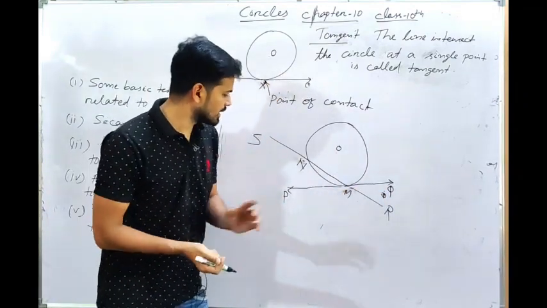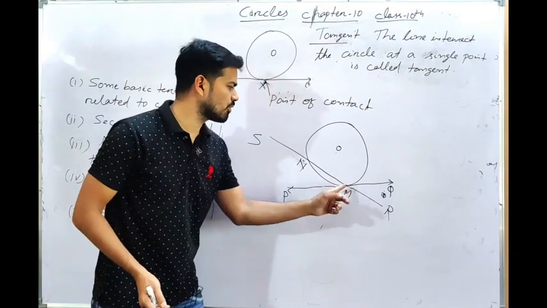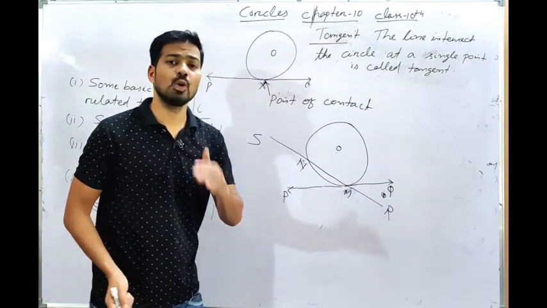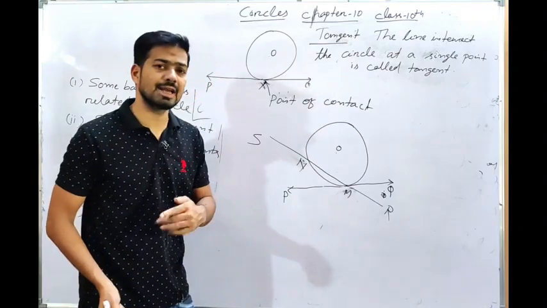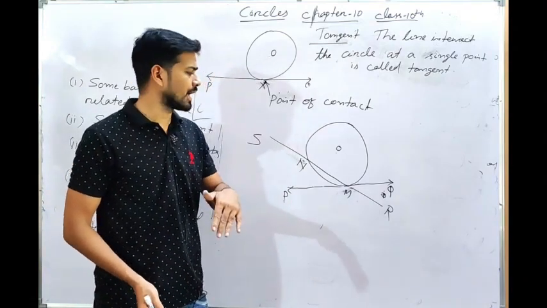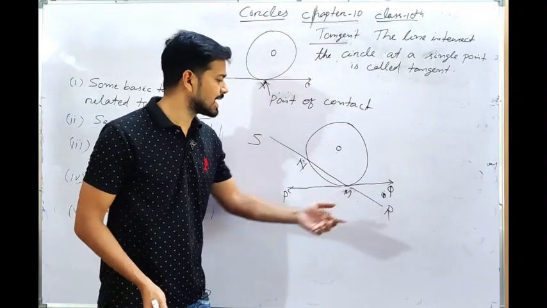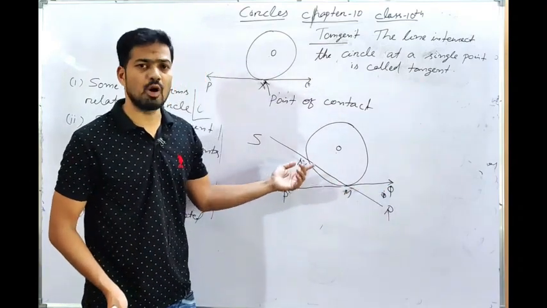Remember one thing, there is already a tangent PQ from point M and we are trying to know whether another tangent or a few more tangents can be drawn through point M or not.